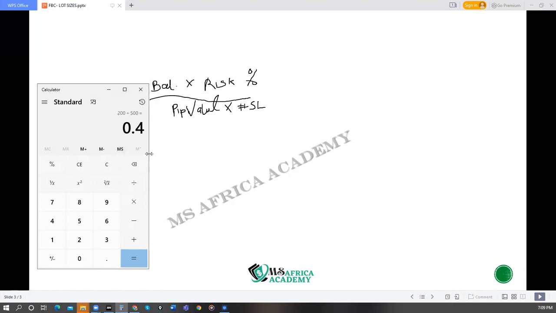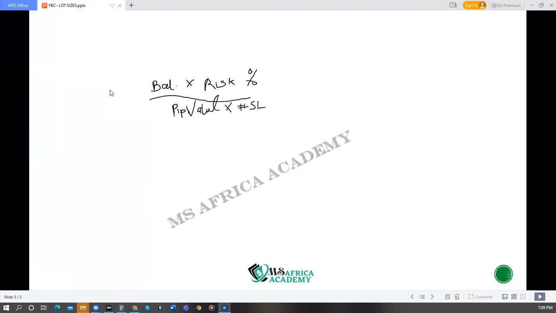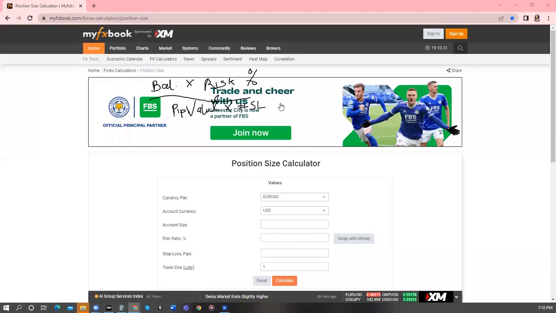Now, another way you can easily get this is to go to the position size calculator on Myfxbook. So go to myfxbook.com and search for position size calculator. You can use that. Just put in your risk value. Let's see if I can put that up here. This is what the position size calculator looks like.